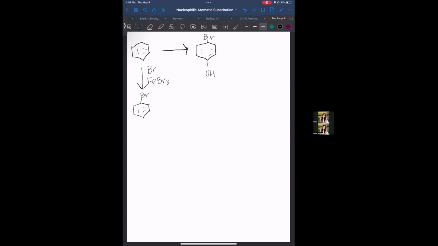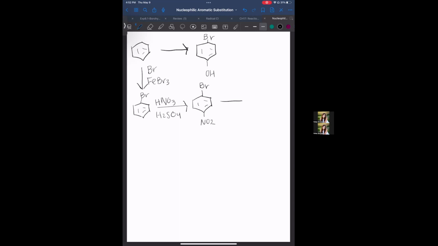we'll just put it here. And now we want to add our electron withdrawing group. So let's do our HNO3, H2SO4. Because remember, bromine is an ortho-para director, even though it's deactivating, it's still ortho-para directing, we're going to add our NO2 to this position.